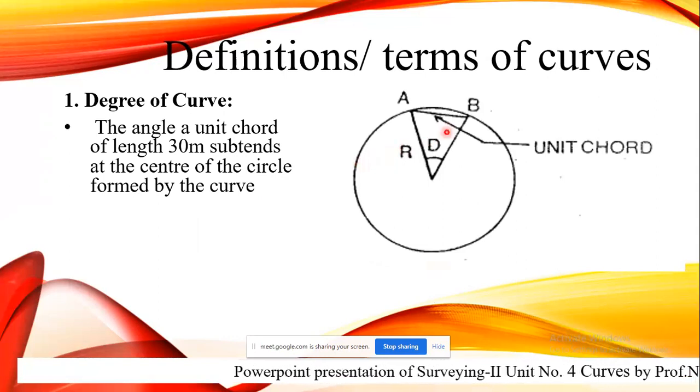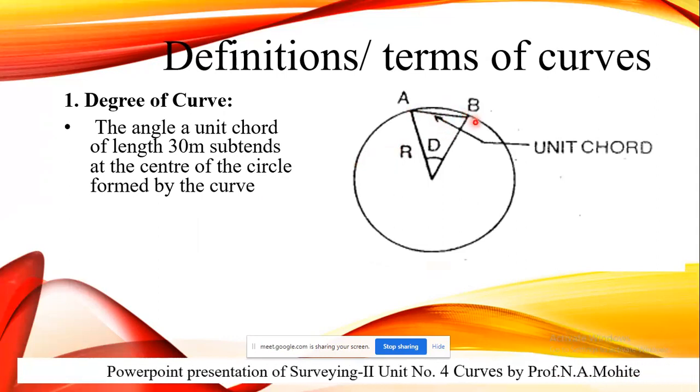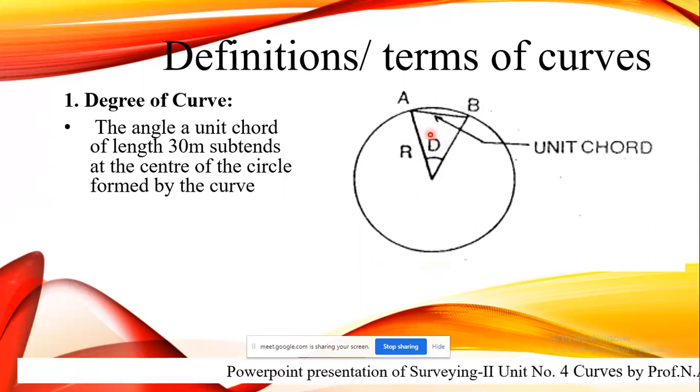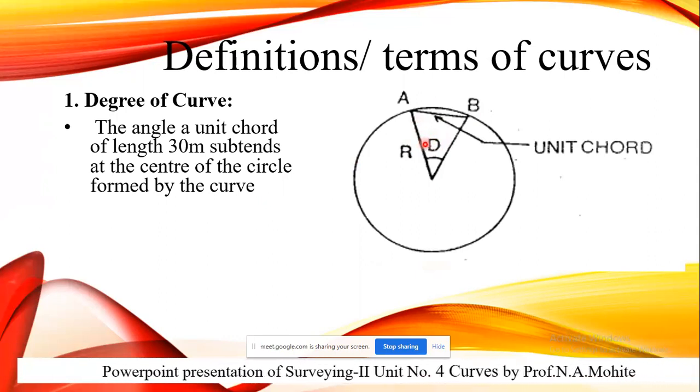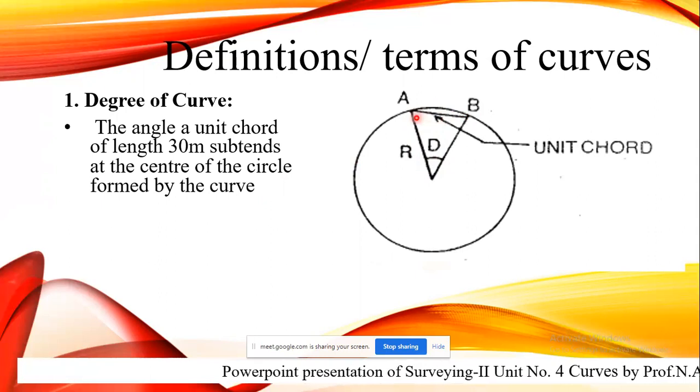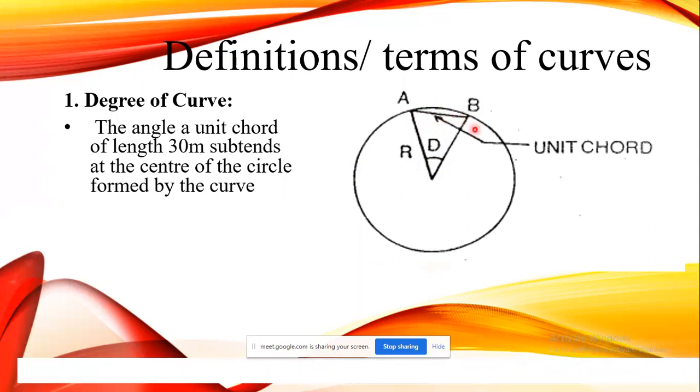Just consider AB is an arc, R is the radius and D is the degree of curve. The angle D is subtended by a 30-meter unit chord length, so this AB has length equal to 30 meter.